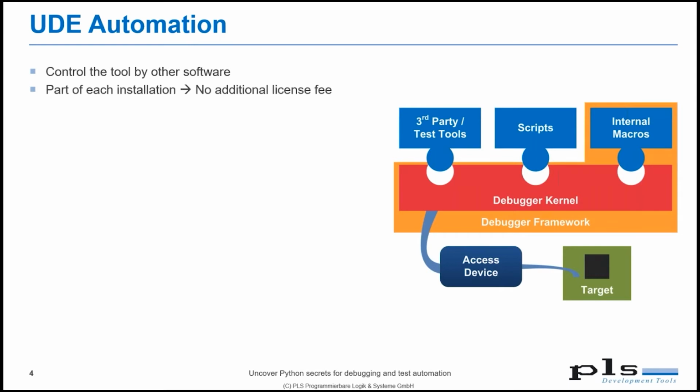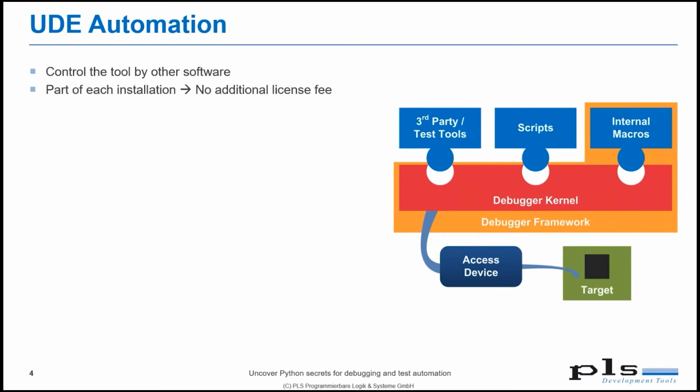In general, the purpose of UDE scripting support is to automate debugging and testing. That is the reason why we call this UDE automation. So all the features that I show you in the next few minutes are called UDE automation.